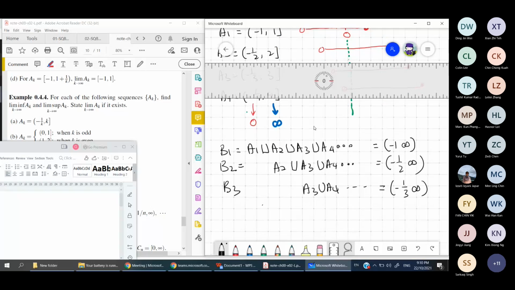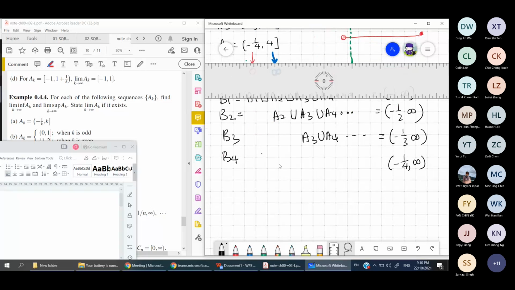So in general, for B4, I think you can guess the pattern: -1/4 to infinity, right? So in general, Bn will be -1/n to infinity.